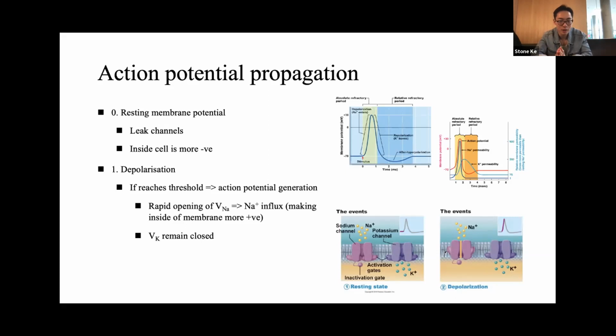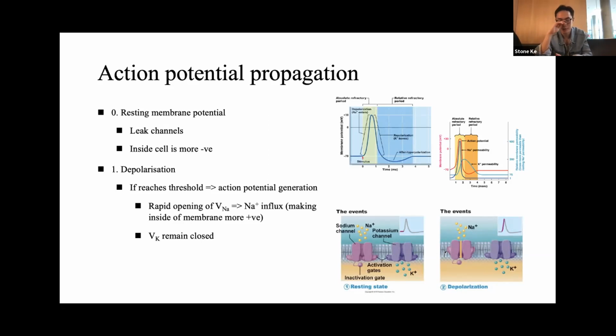But yeah, we'll look at each of these steps starting from depolarization. Due to various triggers, such as excitatory postsynaptic potentials, the membrane potential becomes more positive. It starts negative and goes up.